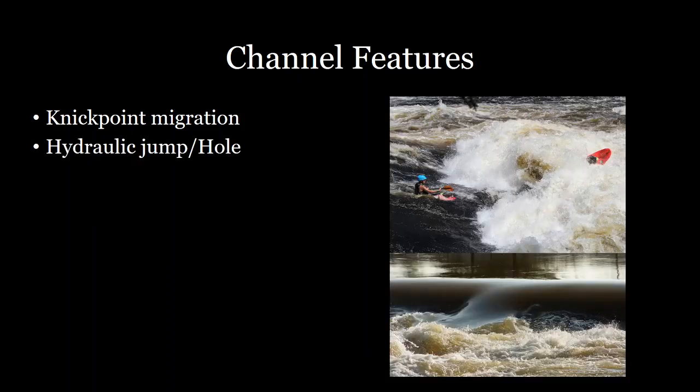The next channel feature that we're going to talk about is hydraulic jumps, also known as holes by whitewater rafters and kayakers alike. Hydraulic jumps are whenever you have this fast-flowing water that leads into this recirculating water here. You can see that here as well, when you have this fast-flowing water coming down and then getting covered by this recirculating water.